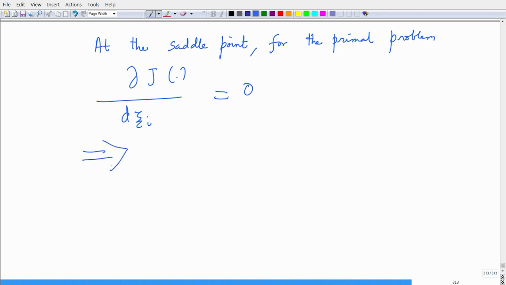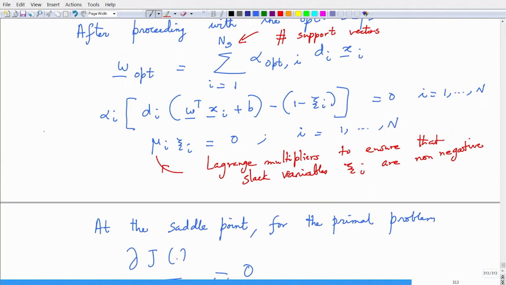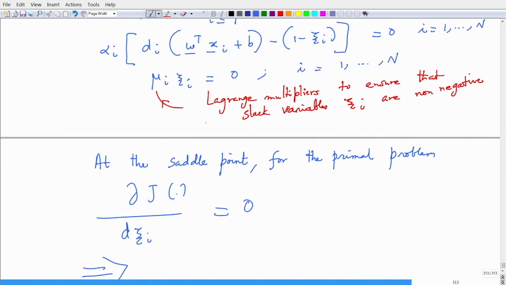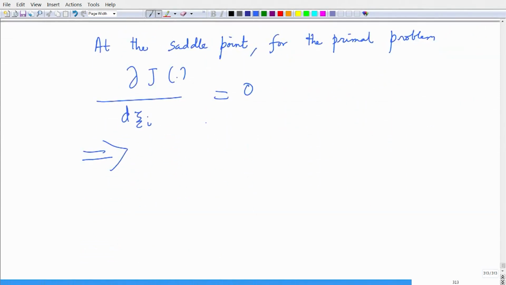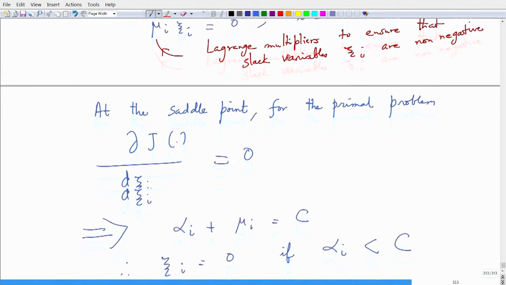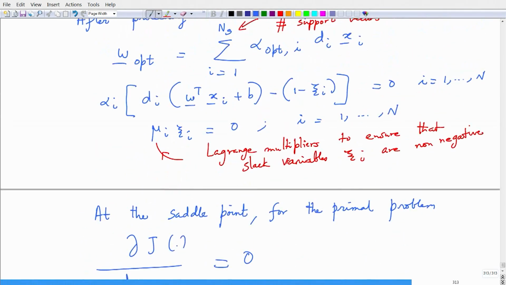So, from this constraint condition that we have here, right, alpha I times this condition from this constraint, we will end up with alpha I plus mu I equals C. Therefore, zeta I is equal to 0 if alpha I is less than C. So, you can verify these details as part of the homework exercise.